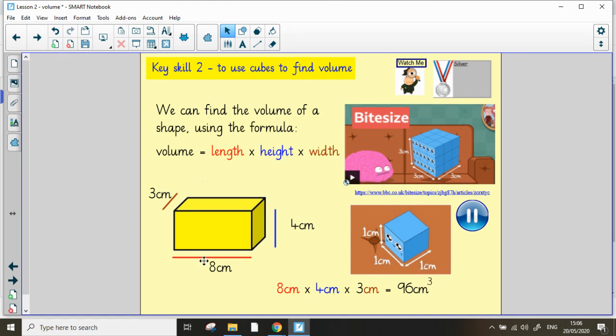The length is 8 centimetres, the height is 4 centimetres, and the width is 3 centimetres. If I multiply 8 times 4 is 32, 32 times 3 equals 96 centimetres cubed. For further explanation, stop the video and go to the bite-sized link on the weekly overview and have a look at more about volume.